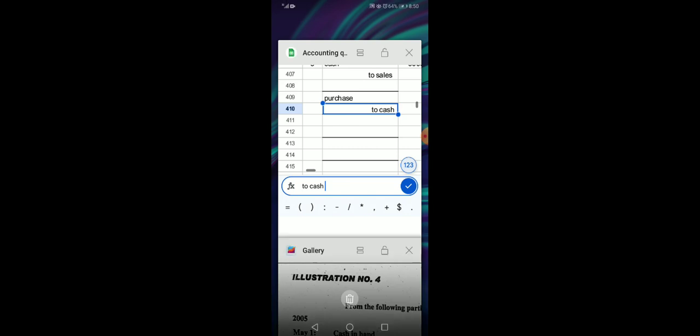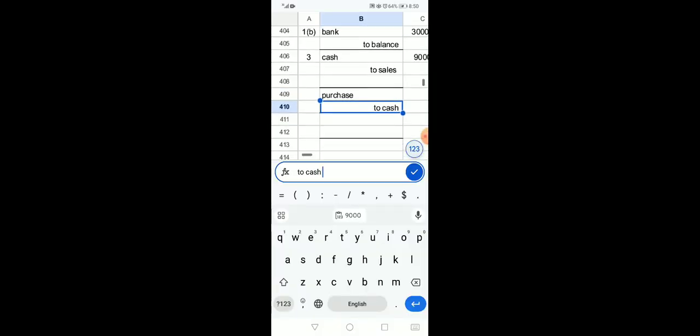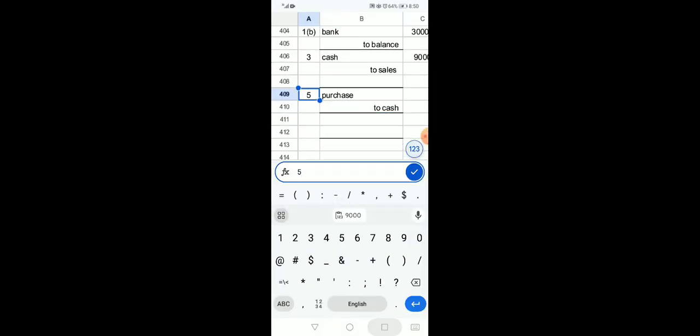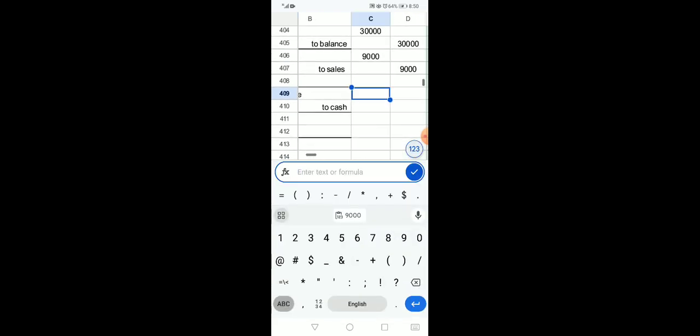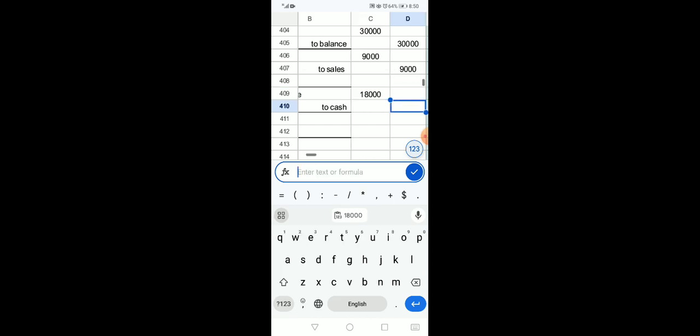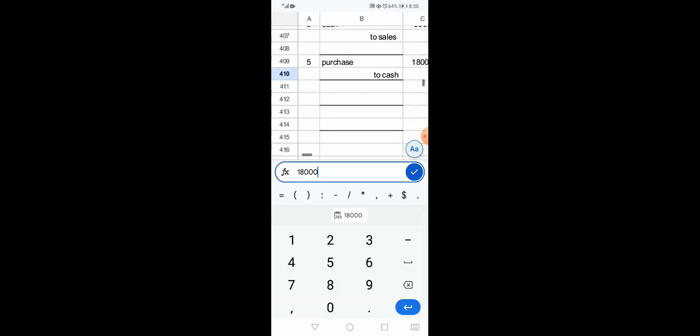It was 5, so you will mention here date 5, how much amount, goods bought for cash, that was 18,000, so you will mention 18,000 over here, and same amount you are going to post on your credit side. So this way entry number 5 is completed.